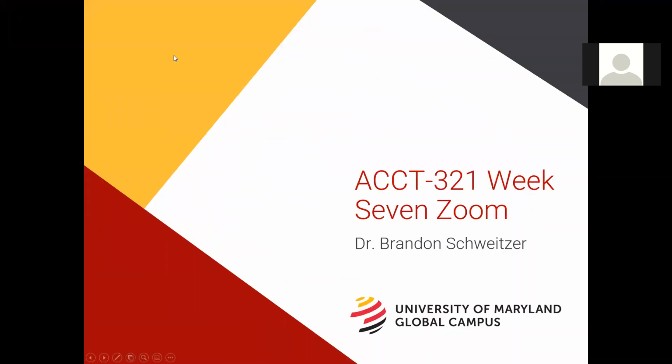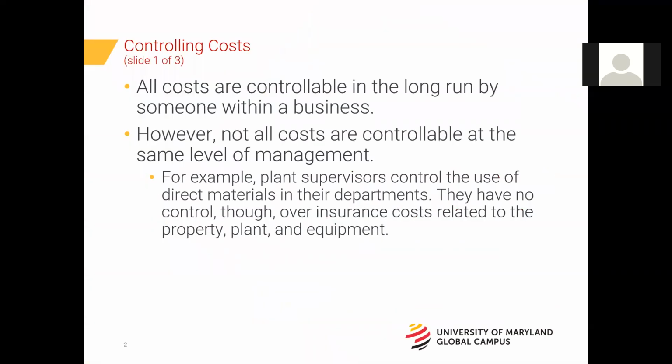And so let's talk about the concept of management decision-making from the perspective of cost by talking about controllable costs. In management, we don't always have the luxury of controlling cost. There are certain costs that are uncontrollable.